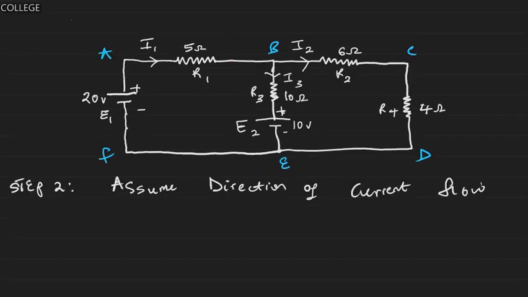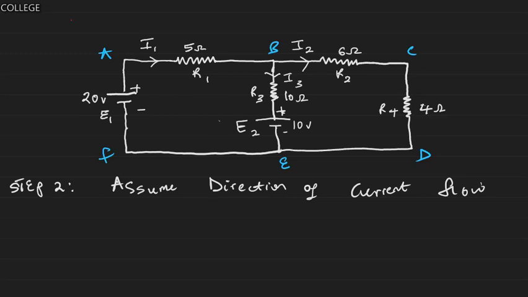The next step is to assume the direction of current flow. Please take note that we are at full liberty to assume whichever direction we want, either clockwise or anti-clockwise.